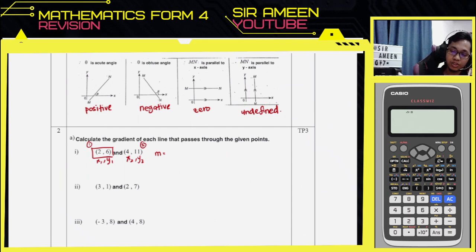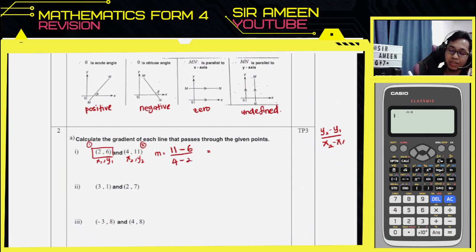Okay, so since the formula is y2 minus y1 over x2 minus x1, y2 would be 11 minus y1 is 6, over x2 is 4 minus x1 is 2.